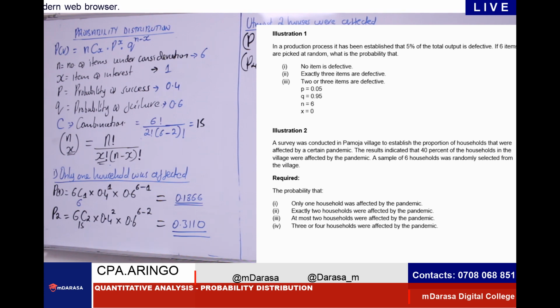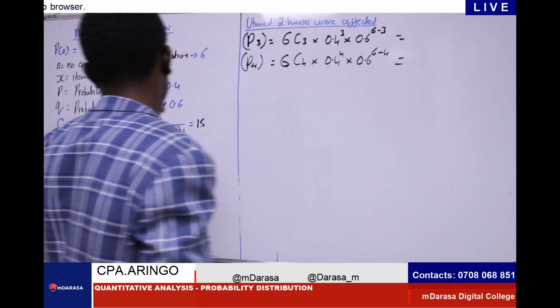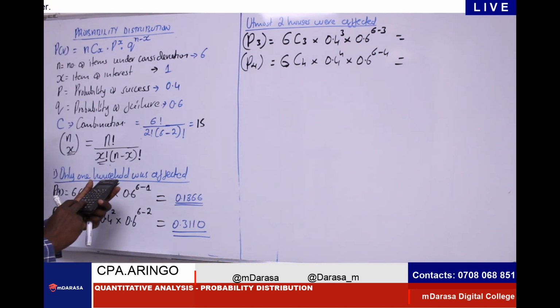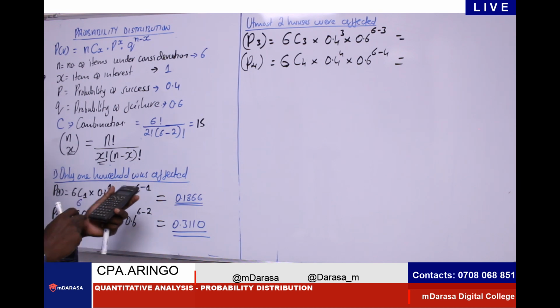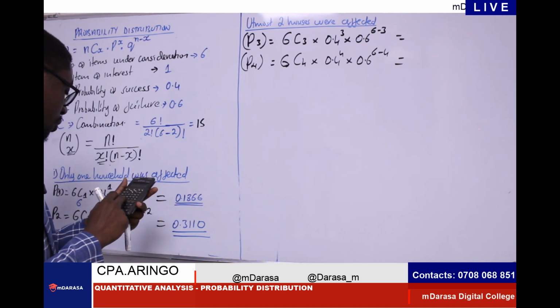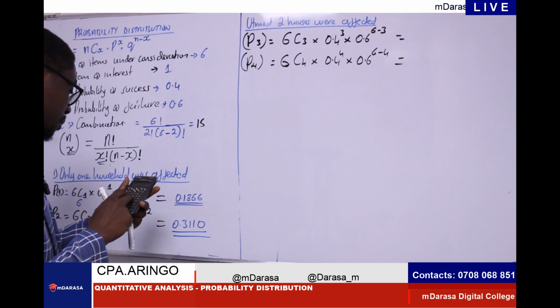So that will be easy. I believe you've scratched your heads that much, right? So I can just remove that bit. The same case will apply. This is the only bit that you need to understand. For the first bit, I'll have 6 factorial divided by 3 factorial times 6 minus 3 factorial.